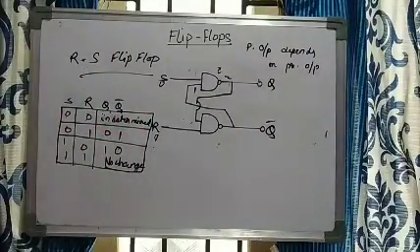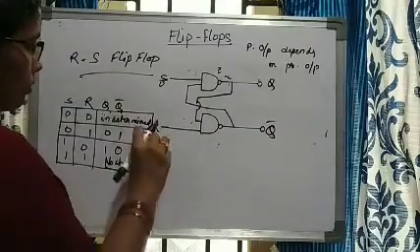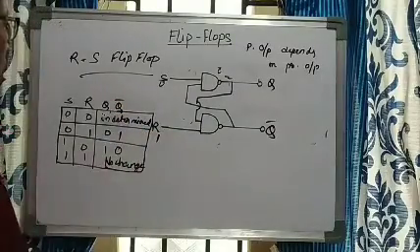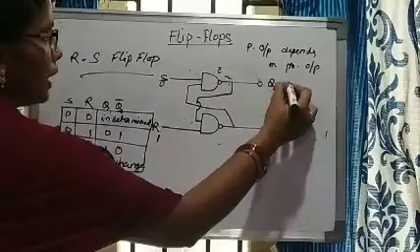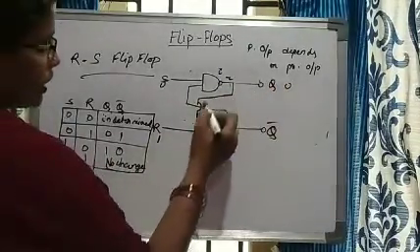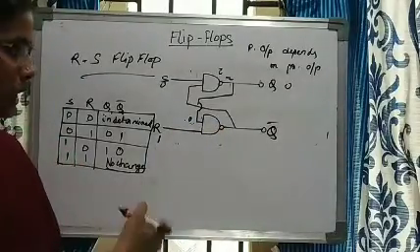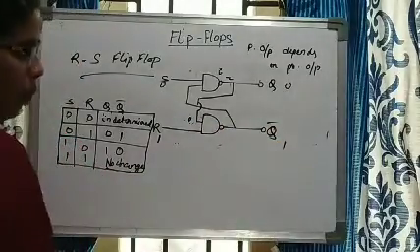Let us do one more case. Again I am talking about 0 and 1 only. First, let us consider Q is equal to 0, the earlier output. Now if this is 0, this is 1. 1 into 0 is 0, 0's complement is 1.